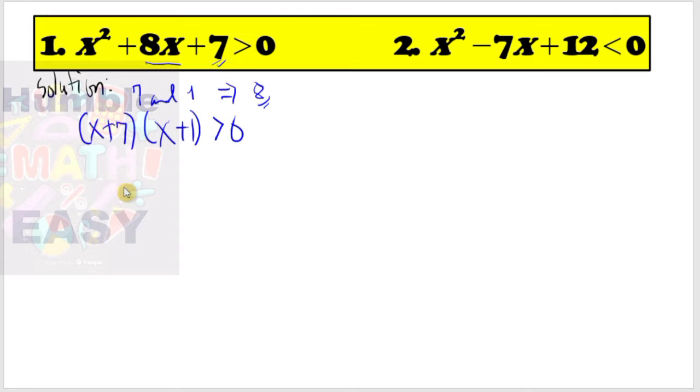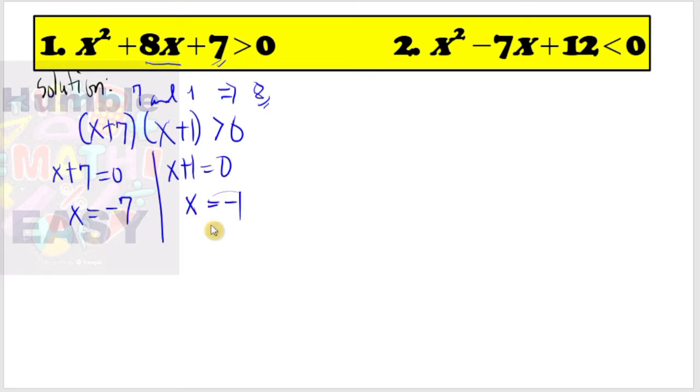Every factor will be equated to 0: x plus 7 is equal to 0, and x plus 1 is equal to 0. So x is equal to negative 7, and the other is x is equal to negative 1.